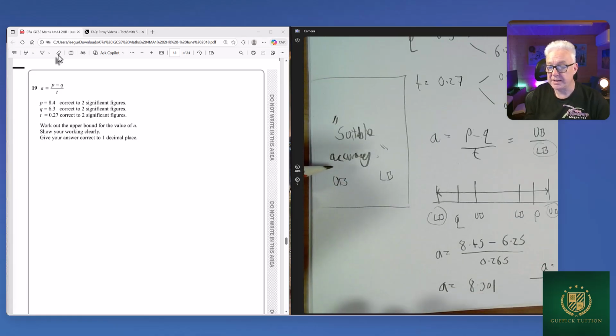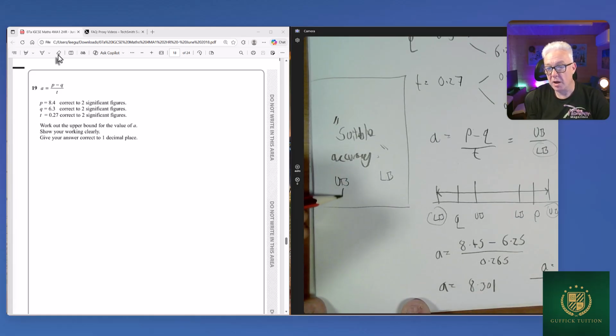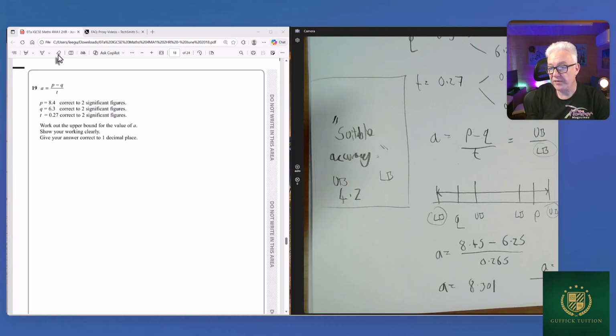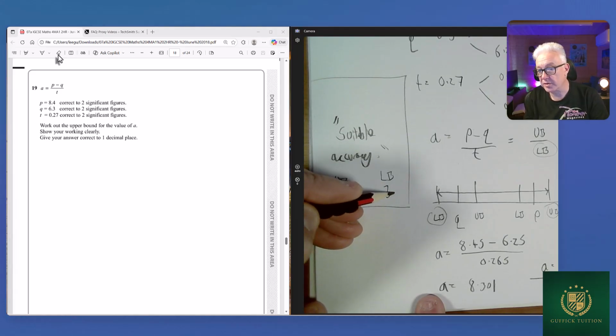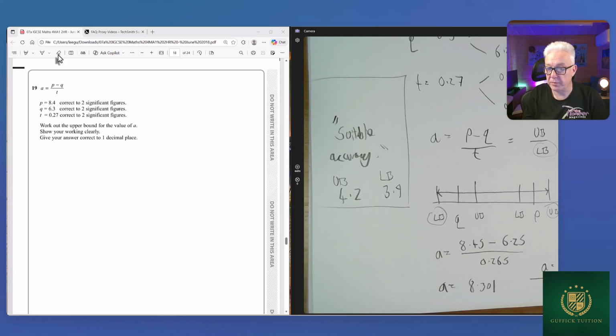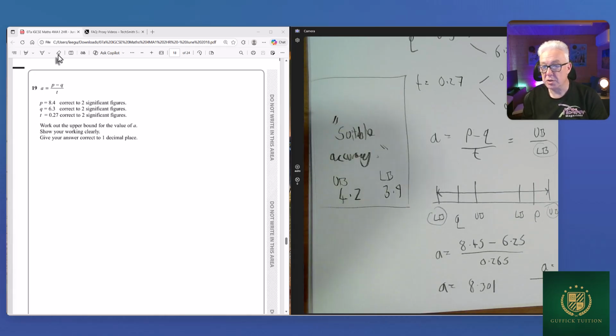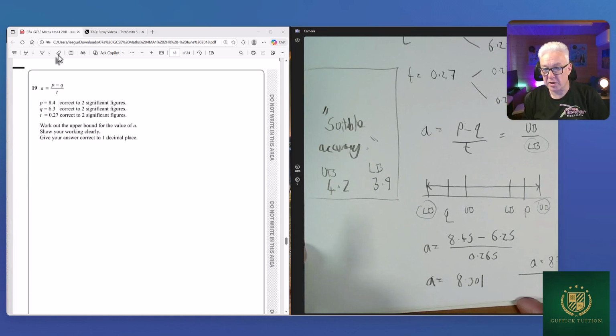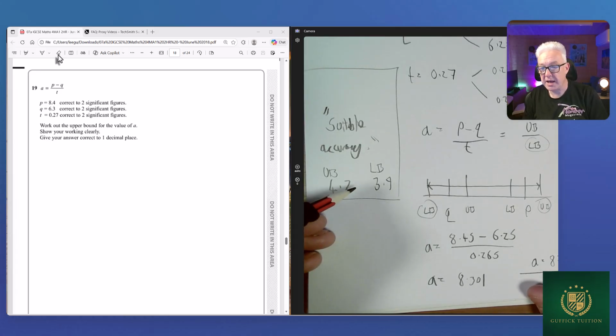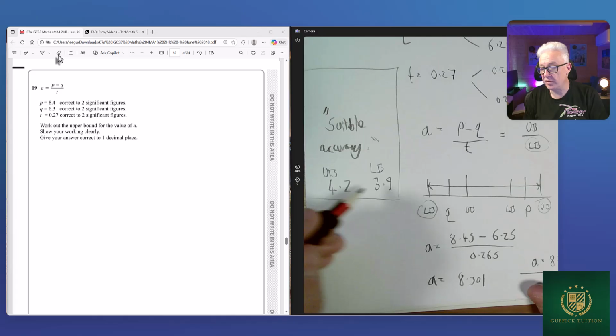So for example, let's say we'd found that an upper bound was 4.2, and we'd found that the lower bound was 3.9. Then to a suitable degree of accuracy, if we try to give these to one decimal place, they're totally different to each other.